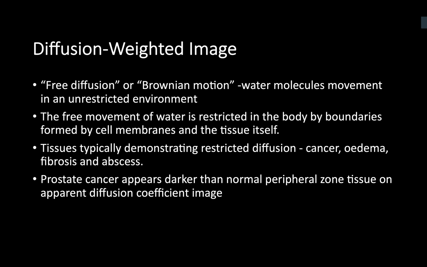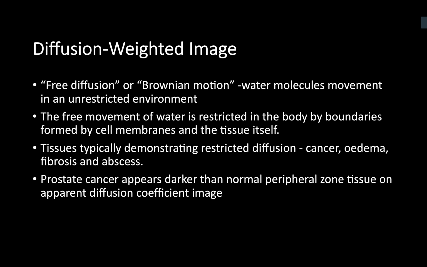Yeah. So we have to be a bit more clear on that answer, because diffusion weighted imaging has got two components. One is the ADC map, apparent diffusion coefficient, and the other one is the B values. So apparent diffusion coefficient is what we see in the image. Because of the restricted diffusion, that area will appear dark. But the B value is like a derived value. For prostate cancer, at least more than 1,000, but what we usually use is a B value of around 1,400.